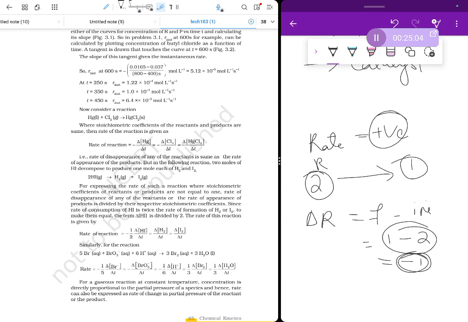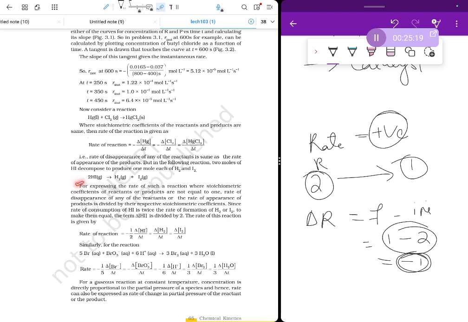Okay, now the rate of disappearance of any reactant is the same as the rate of appearance of the products, but in the following reaction, 2 moles of HI decompose to produce 1 mole each of H2 and I2.